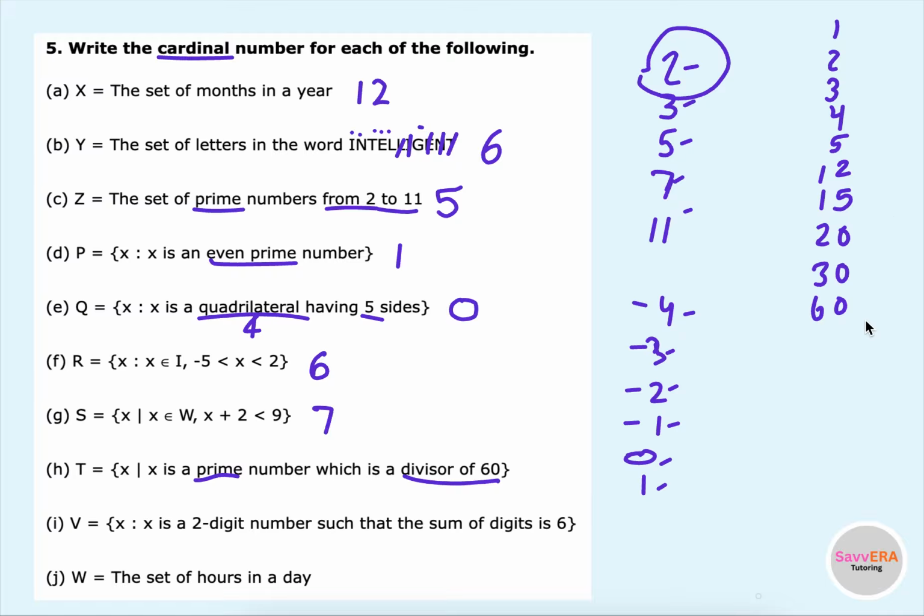This way I know everything is contained. So how many is this? 1, 2, 3, 4, 5, 6, 7, 8, 9, 10. So our cardinal number would be 10 for this.